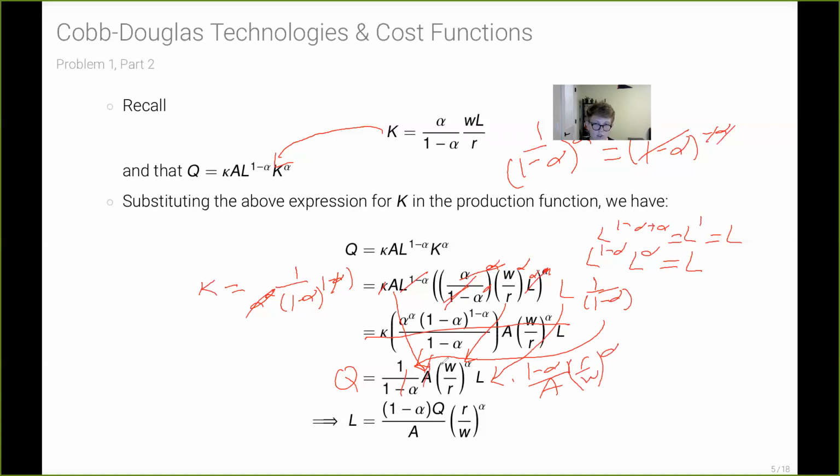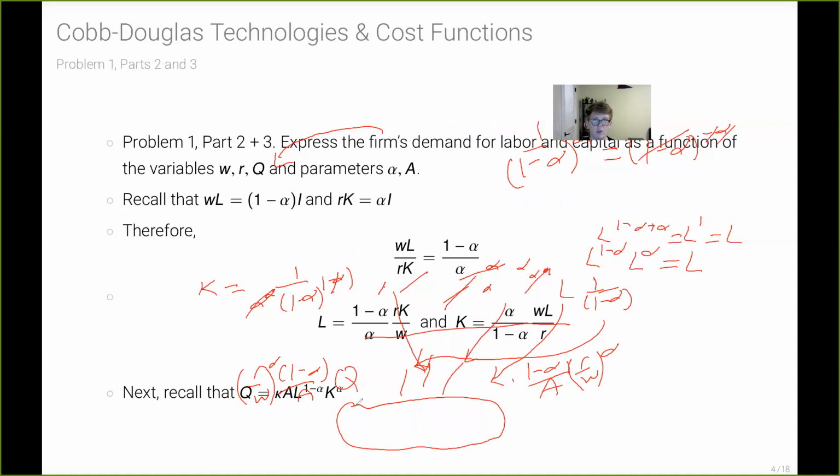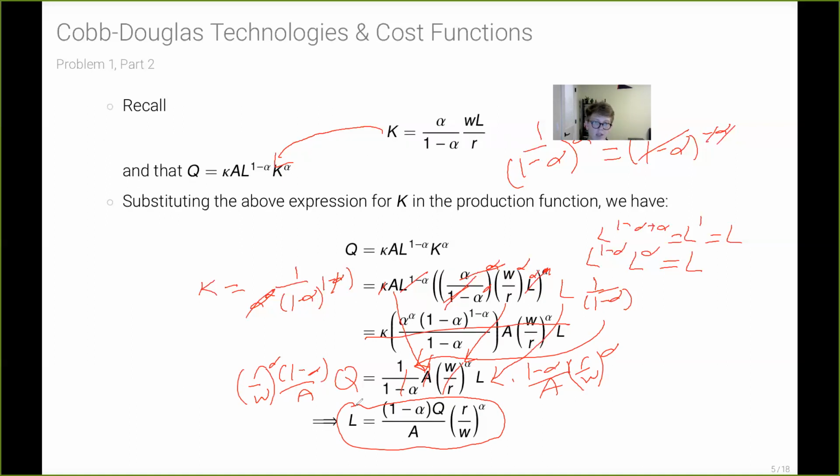So all of this should cancel if I've done this right. And so then we'll get on this side 1 minus alpha over A times R over W raised to the alpha, which is this expression right here. And just to confirm, notice that we want to express labor as a function of W, R, Q, and the parameters alpha and A. And so that's exactly what we've done.